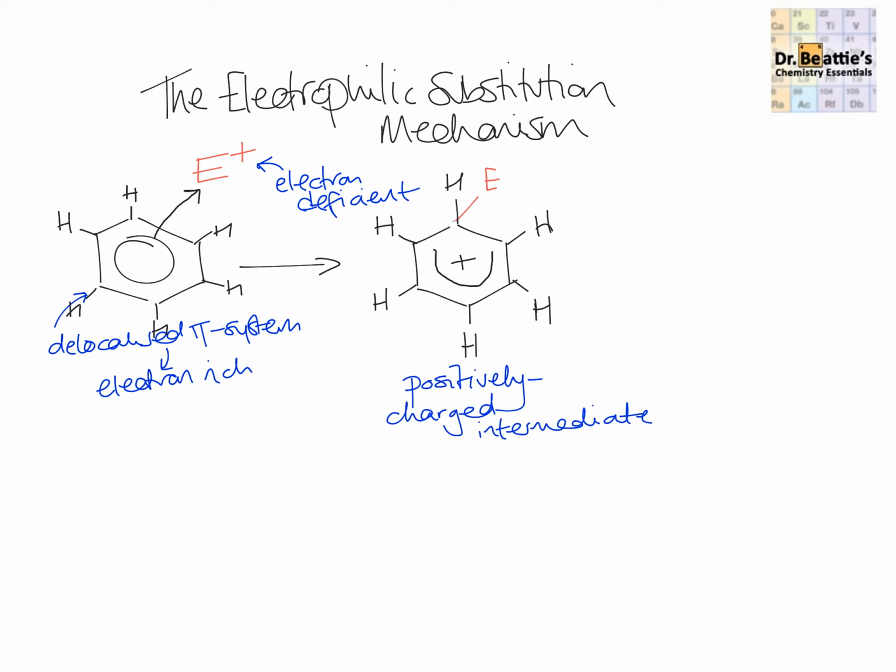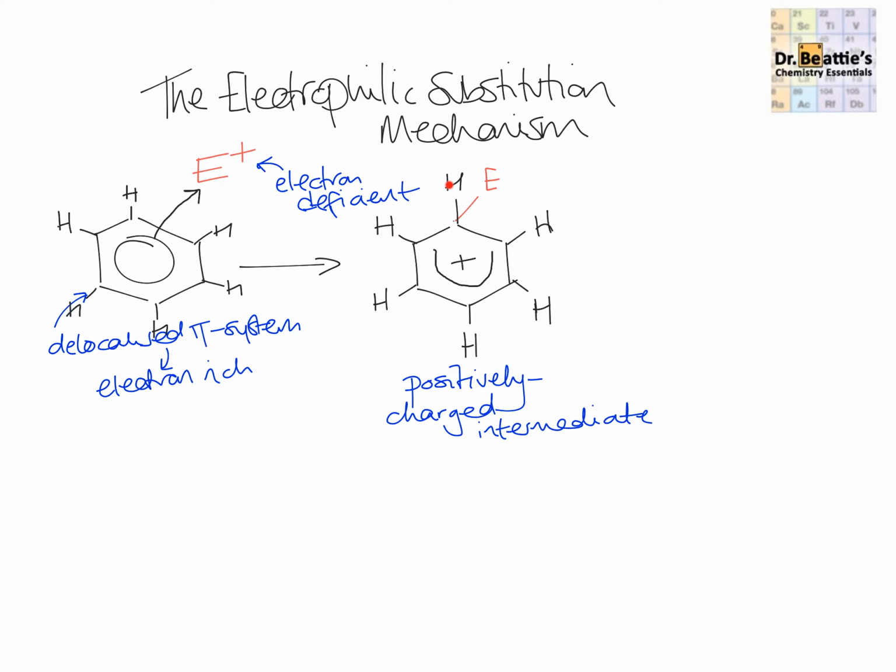Now, two parts of this mechanism show us what's going to happen in the next step. First of all, we know that benzene has a really stable delocalized pi system that it wants to reform. So we're going to close this gap here. And secondly, from the title of the mechanism, it's a substitution. And right now, what we've just done in this step is just added in the electrophile.